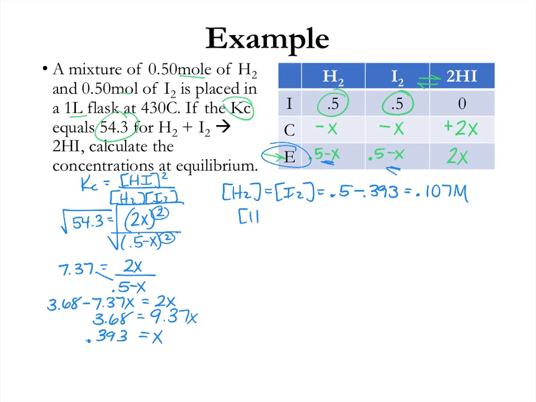And then the concentration of the hydrogen iodide is equal to 2x, which is 2 times 0.393, and that's equal to 0.786 molar. So again, we can do the does this make sense test. We're given a K value larger than 1, which indicates that at equilibrium, there's a greater quantity of products present than reactants, and that is the case for this problem.